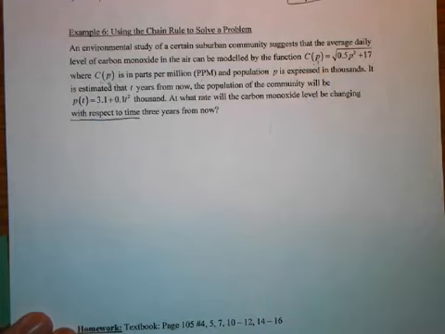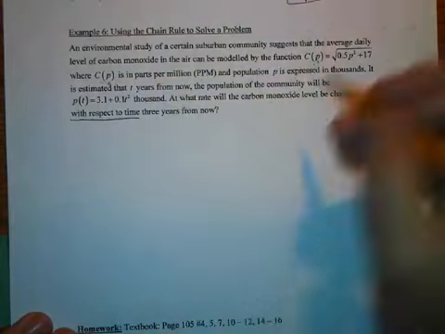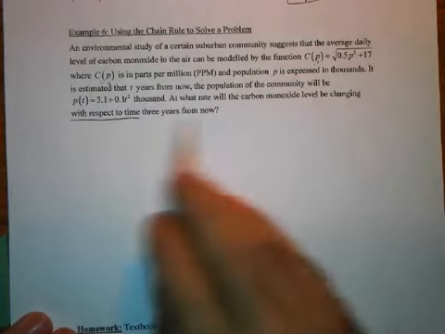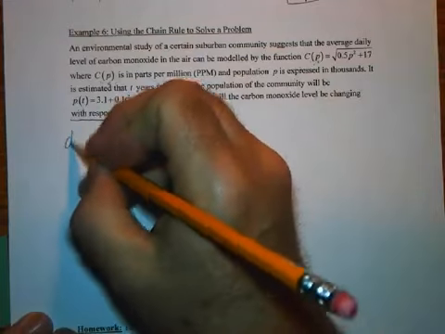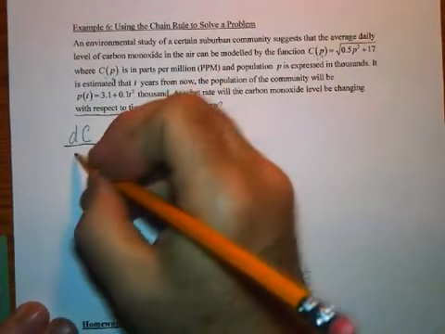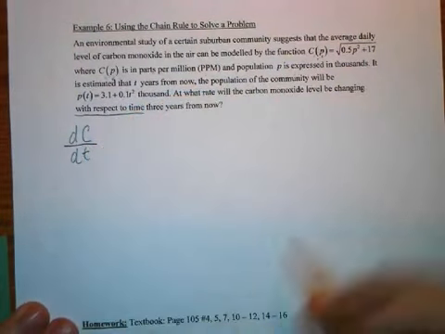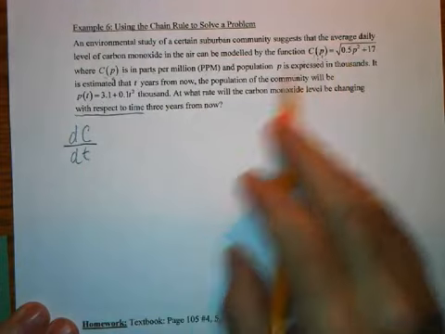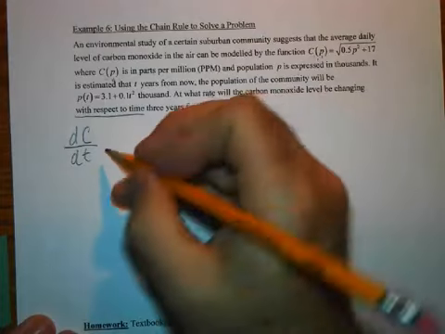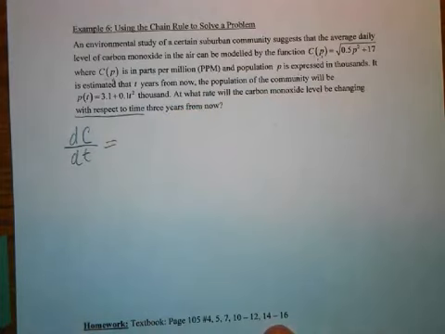So this is where the Leibniz notation is actually quite helpful. They're asking, at what rate will the carbon monoxide level be changing with respect to time? So that's a derivative of C, or carbon monoxide, with respect to T. And since we don't have a function that uses t as an input and gives us c, this is where we use our chain rule.